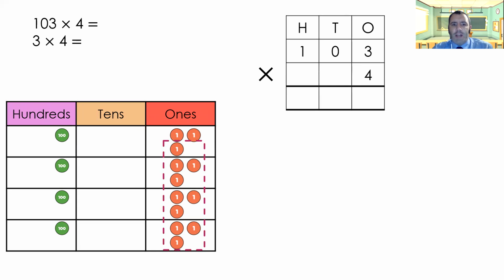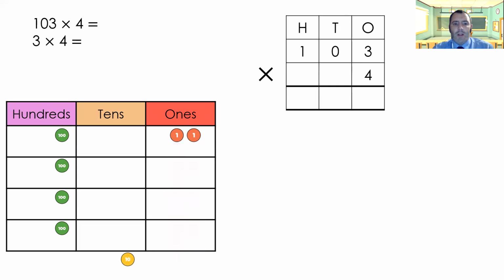Remember, if I'm using my grid as well, I'm going to move 10 counters along. So it's going to exchange up, it's going to give me 1 10 in my tens column. So we know 3 times 4 is 12. So I'm going to put my 2 from my 1s in my 1s column.